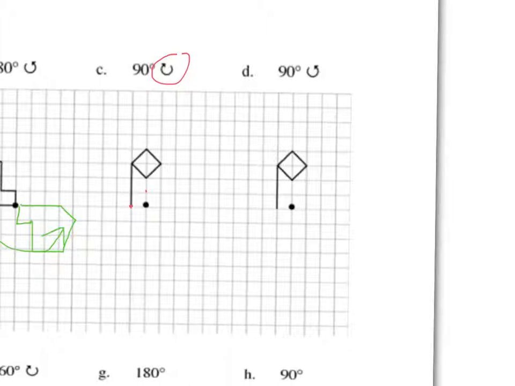Well, once I know what one point is, I can draw the rest of that figure fairly easily. And on our D here, we're rotating it 90 degrees counterclockwise, so this point would be rotated to here, and then we can just draw our shape from that. Of course, that wouldn't be part of it, it would just be that.